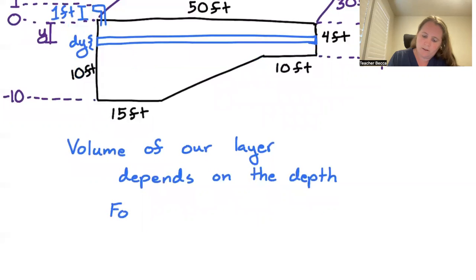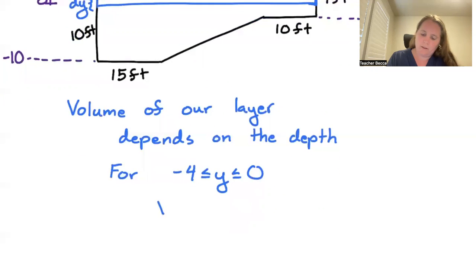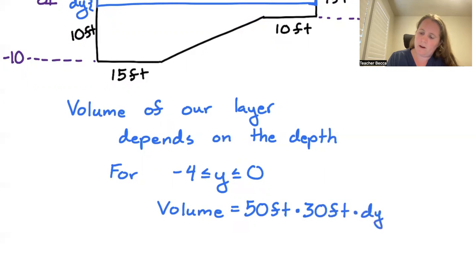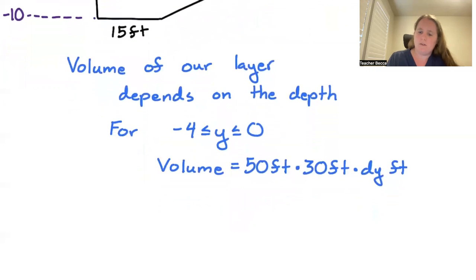So for -4 less than or equal to Y less than or equal to 0, the volume is just the 50 feet long times the 30 feet wide times dy feet, or 1,500 dy cubic feet.